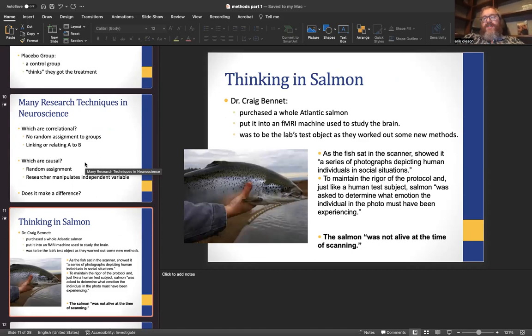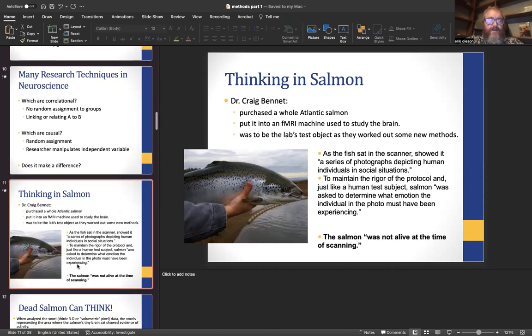However, as the fish sat in the scanner, they showed it a series of photographs depicting human individuals in social situations. To maintain the rigor of the protocol, and just like the human test subject, the salmon was asked to determine what emotion the individual in the photo must have been experiencing. The salmon, importantly, was also not alive during the scanning session.